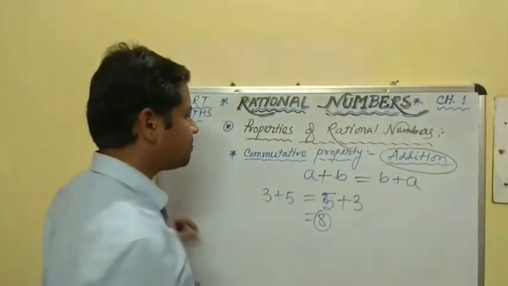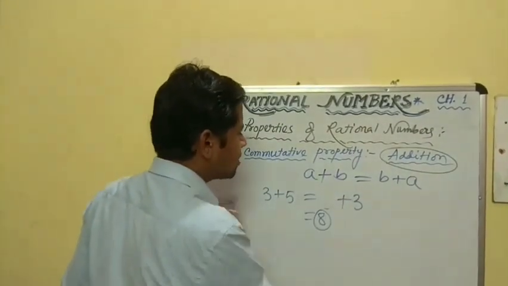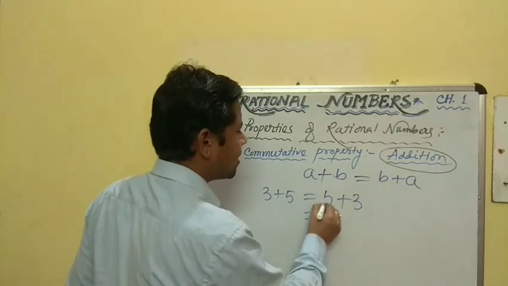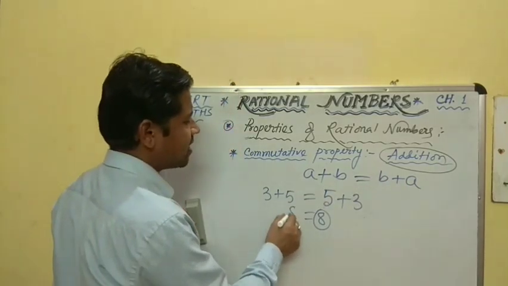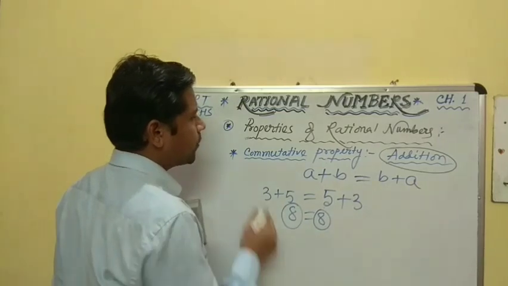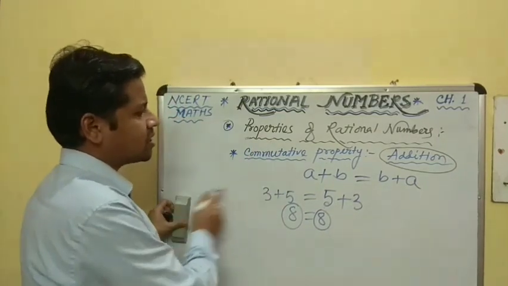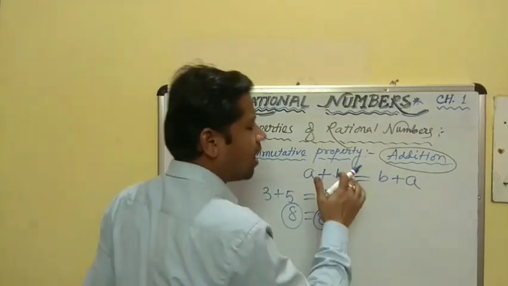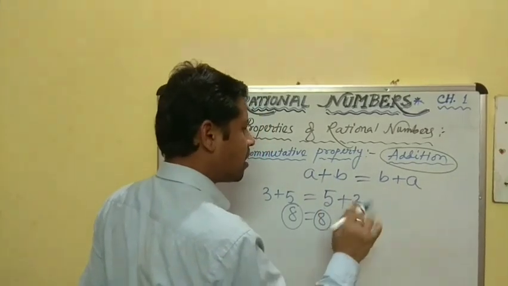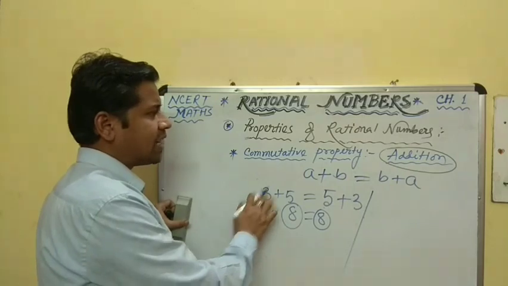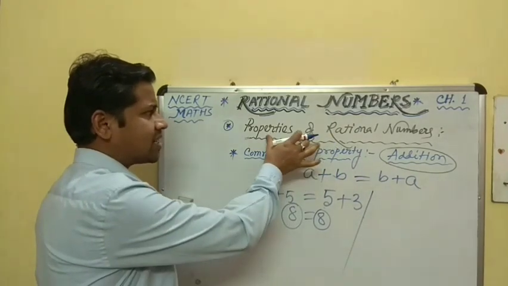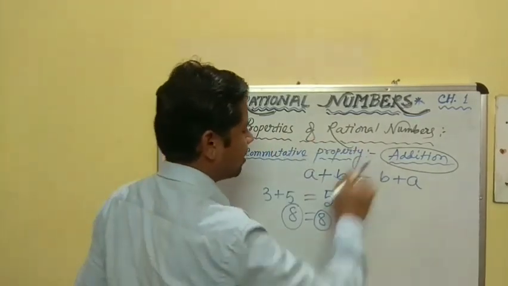Here we see that a plus b and b plus a both give the same result, that is 8. These are actually whole numbers, and whole numbers are also rational numbers. So it says that the rational numbers are commutative under addition.